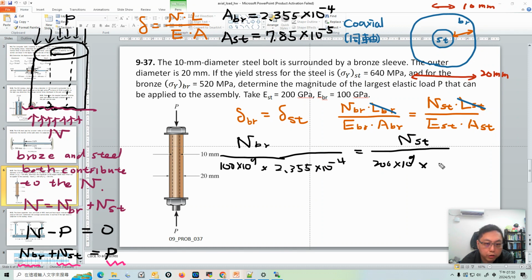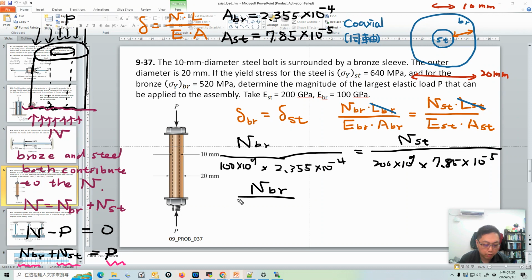The area for steel, 7.85 times 10 to the power minus 5. So we will keep simplifying. What's the denominator? Actually we can compute the denominator first.